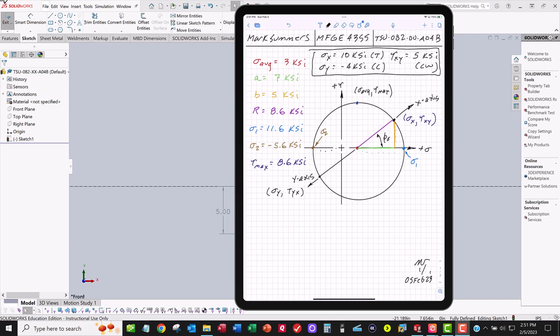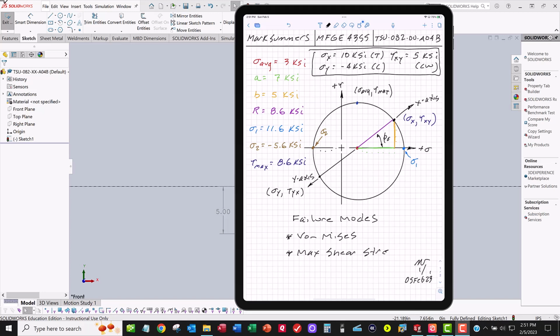This is going to be very useful when we start looking at failure modes for the parts we're designing. The two main ones we'll be working with are the von Mises failure mode and then maximum shear stress.